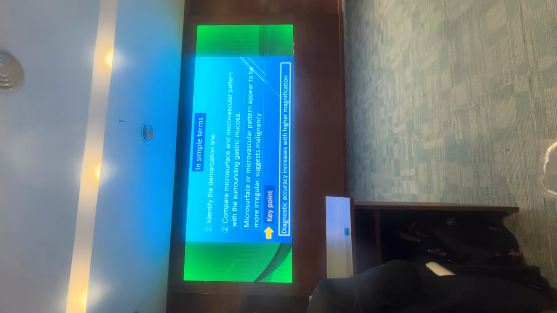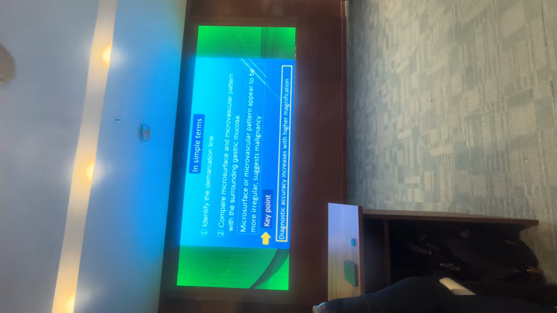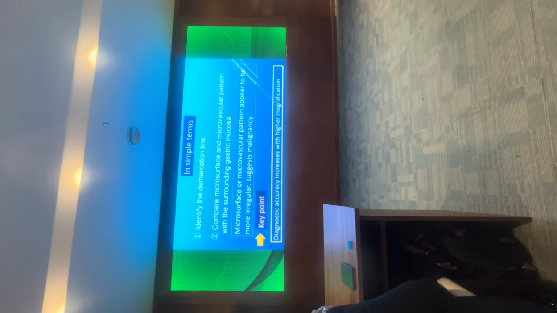Now I want to emphasize this key point. Diagnostic accuracy increases with higher magnification. I think it's an important key point. This is my data in my hospital. This table shows diagnostic performance according to magnification level.